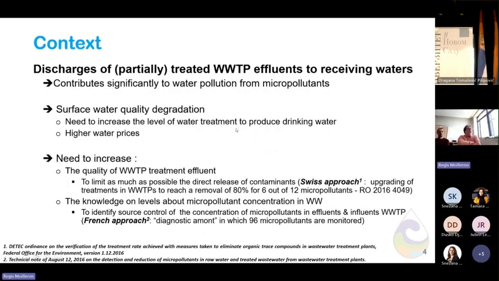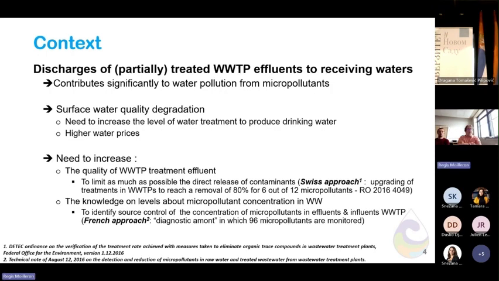Therefore, there is some discharge of partially treated wastewater effluent to receiving water, and these discharges contribute significantly to water pollution from micropollutants. As a consequence, the surface water quality is degraded.